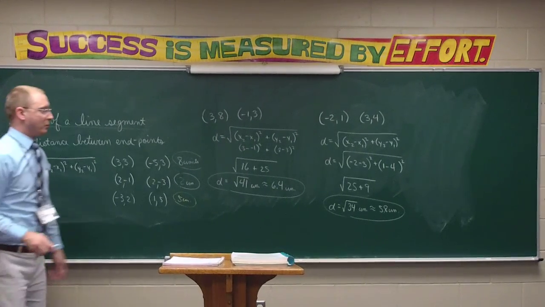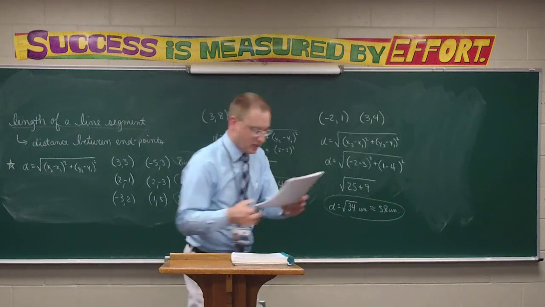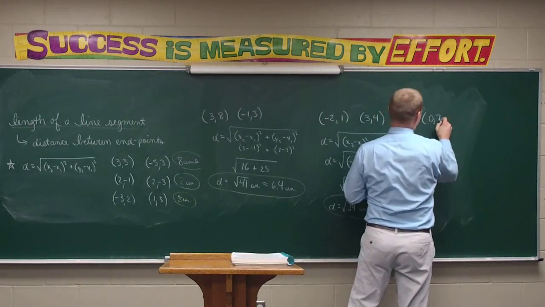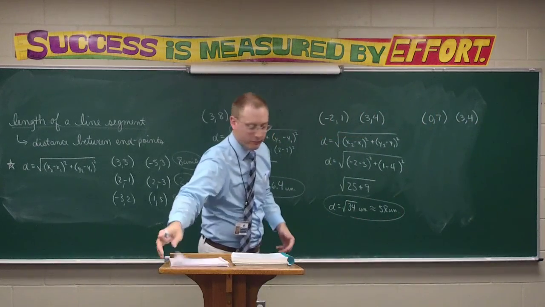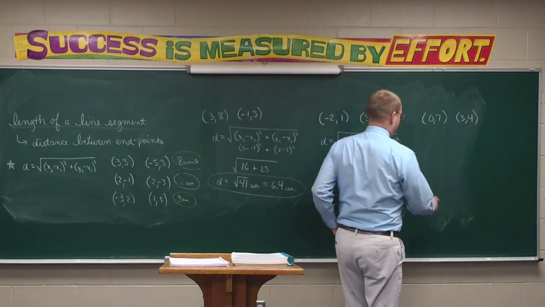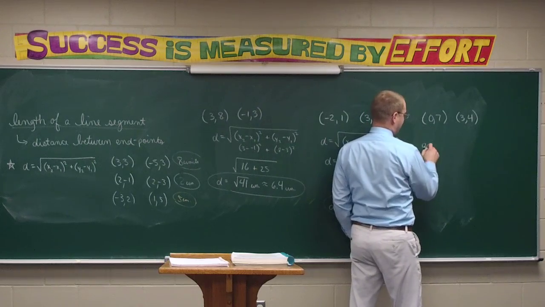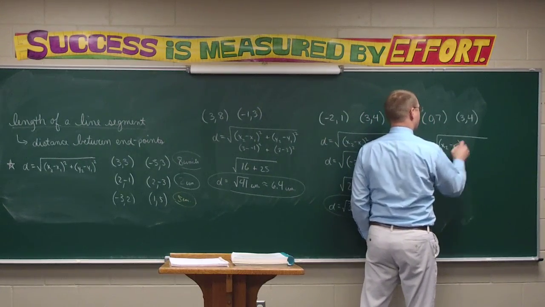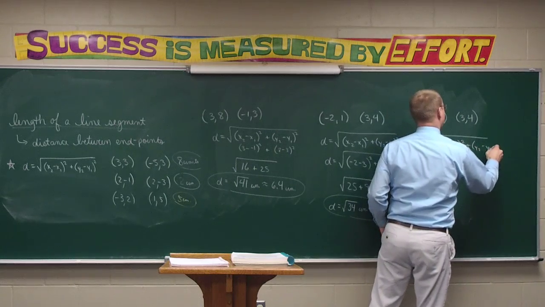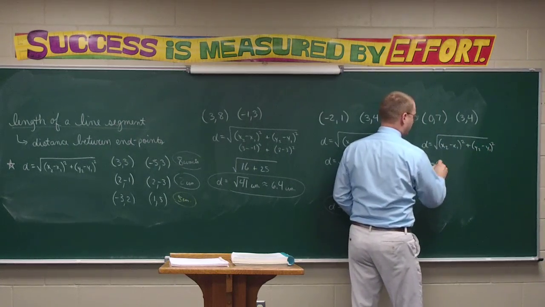Let's do one more, and then we'll be finished. Write this point down, if you would, please. 0, 7, and 3, 4. What is the distance formula, Maddie? Tell me how to plug in my numbers here, Genesis.